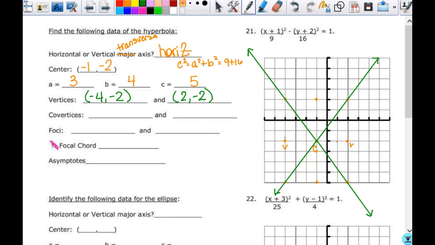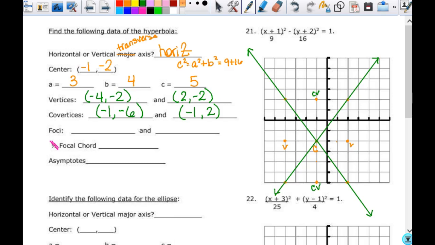My co-vertices would be these up here, so it's the change. My y is changing, so this would be -1, and then -2 minus 4, which would be -6, and -1, -2 plus 4 is 2. And there are my co-vertices here and here.